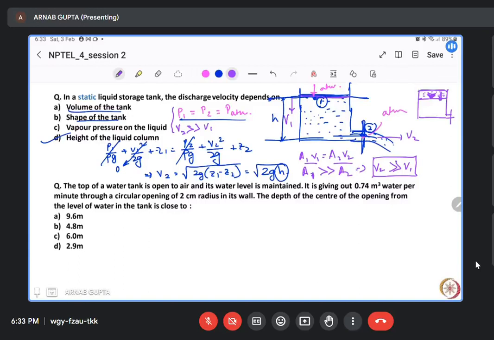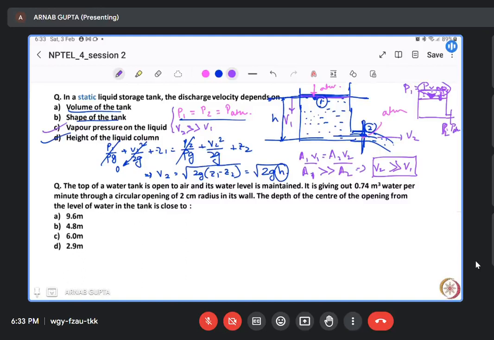At that time, P1 will be equal to the vapor pressure of the liquid, and P2 will be atmospheric pressure. So P1 may not be equal to P2, and another factor comes into the picture, the vapor pressure of the liquid.